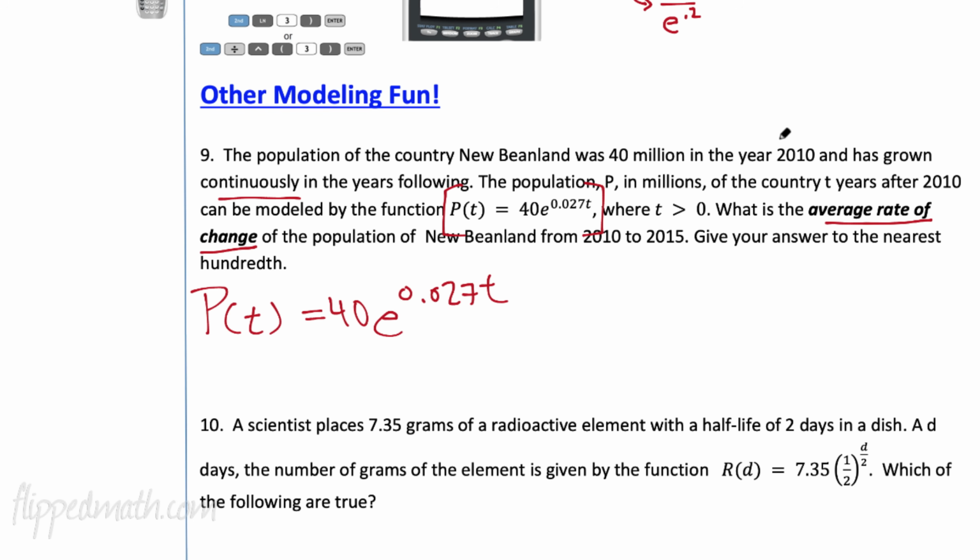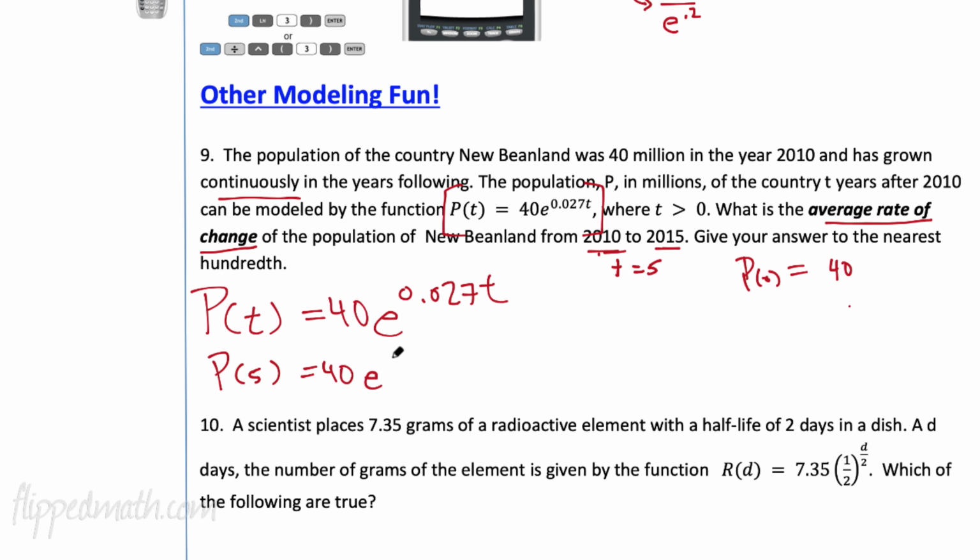But this is years after 2010, and they want to know the average rate of change from 2010 to 2015. So we know that t is going to equal 5 here because it's been 5 years. So we need to find P of 5. All right, we're going to plug that into the equation.